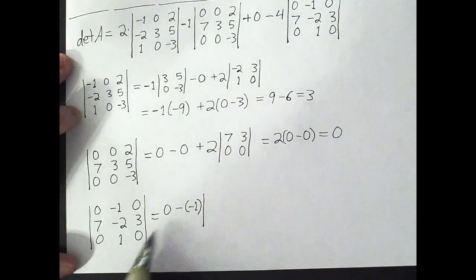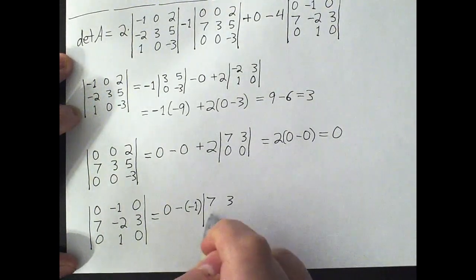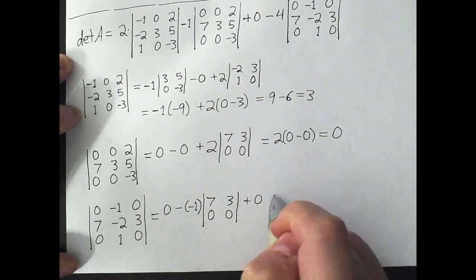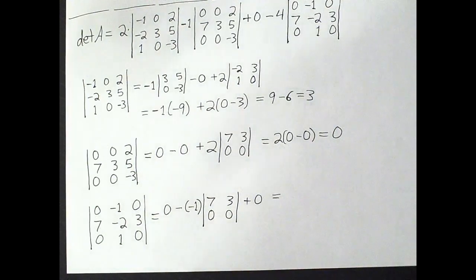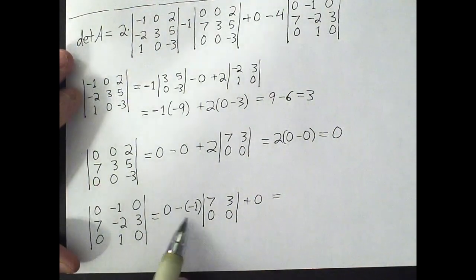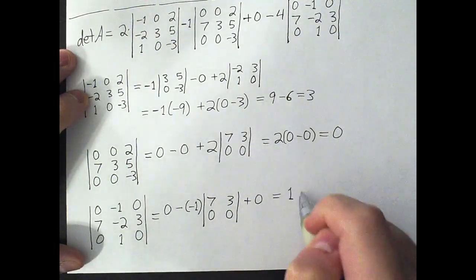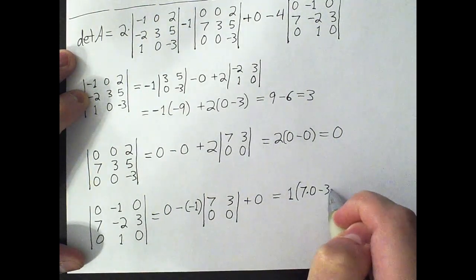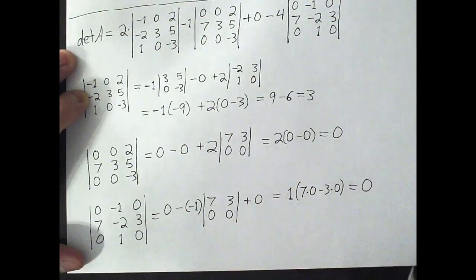Minus -1, submatrix 7, 3, 0, 0. And then plus 0 times something. So minus -1 is +1. And then what is the determinant there? 7 times 0 minus 3 times 0? It's just 0.